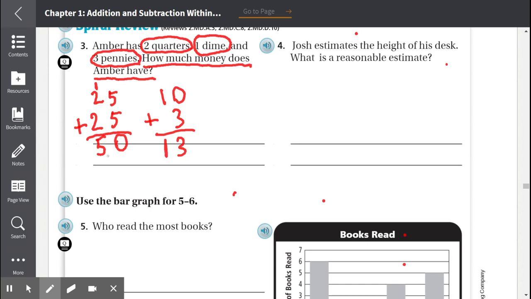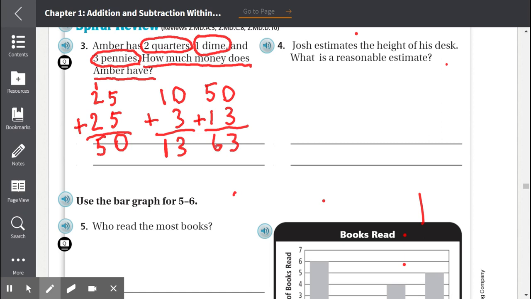Now, to get the total amount that she has, we have to add the 2 quarters plus the dime and the 3 pennies. So we add the 50 plus 13. Let's start adding from the ones place. 0 plus 3 equals 3. 5 plus 1 equals 6.